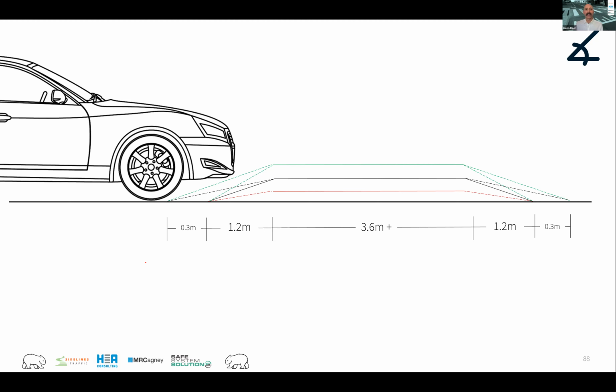Now, why do we care about any of this? Why don't we just put in super steep things and make sure everybody goes really, really slow? Well, physically, vehicles may not be able to navigate over this. And you want to watch your raised crossing program die an instant death?